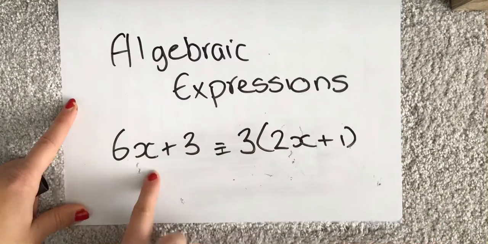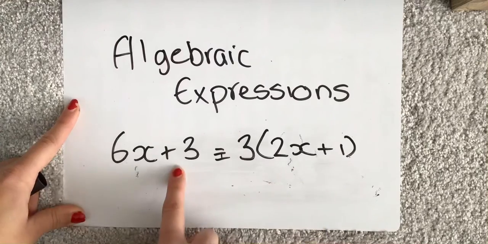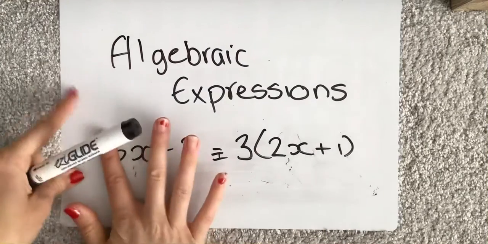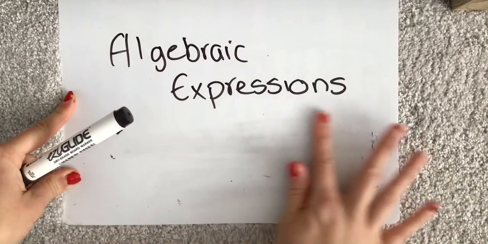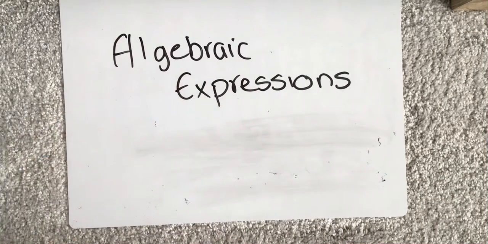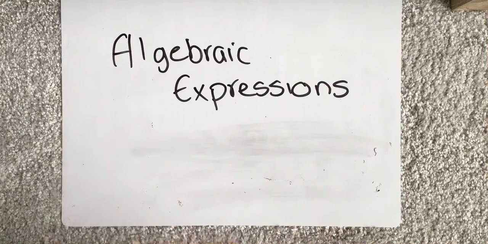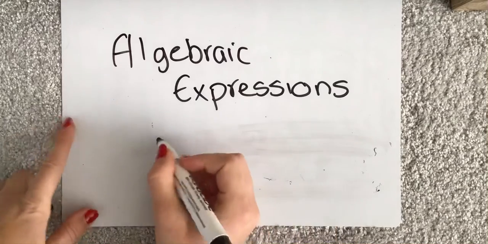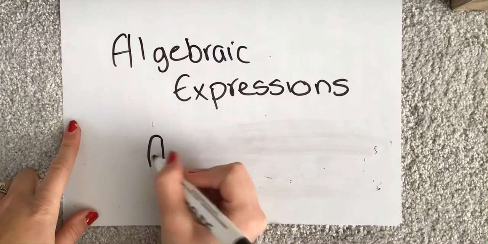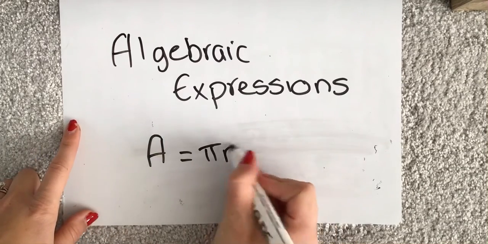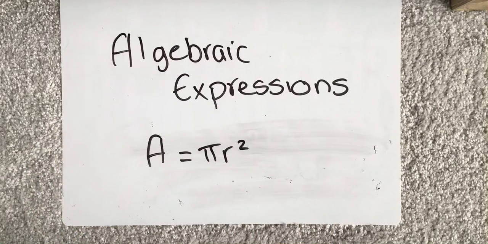When I expand this bracket, I get that. Okay, that is an identity. A formula is a rule to equate something. So something like, if you're finding the area of a circle, area equals pi r squared. That is a formula, okay, rather than an equation, because you're putting different variables in.